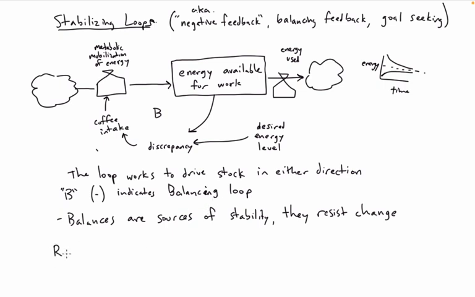And that contrasts with the other kind of loop, the reinforcing loop. And these are also known as positive feedback, or runaway. Many other words for a reinforcing loop.